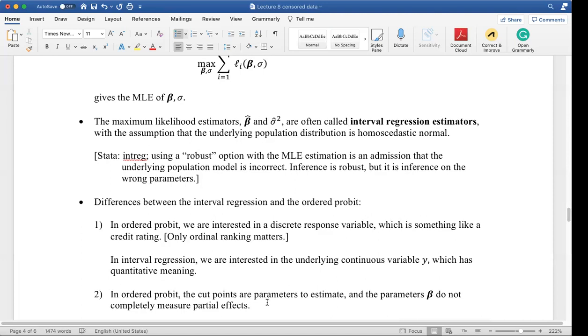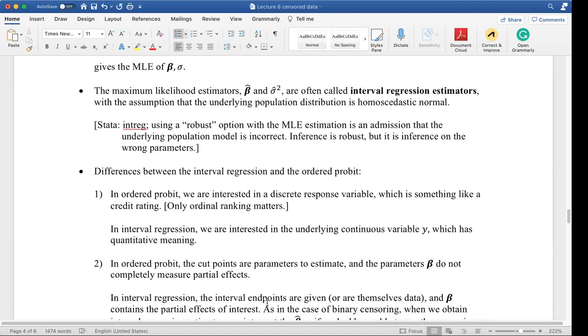Okay. Secondly, in ordered probit, the cut points are parameters to estimate, while for interval regression, the interval limits are given, and in ordered probit the parameters beta do not completely measure the partial effects. We said that we have those scaling factors between 0 and 1.